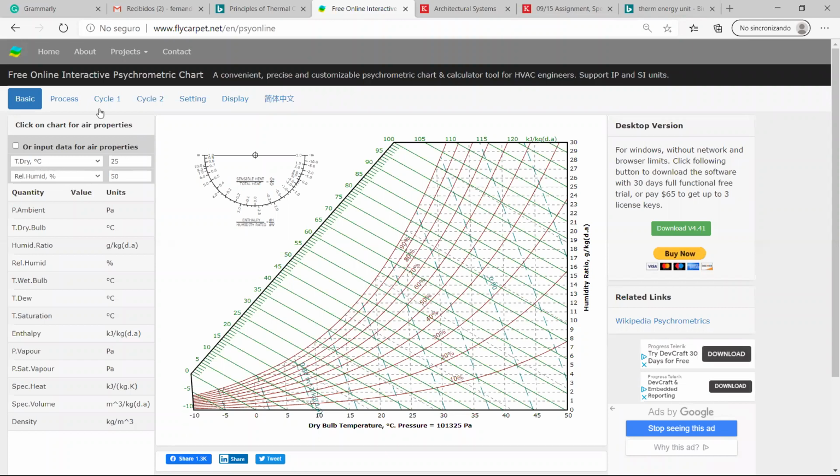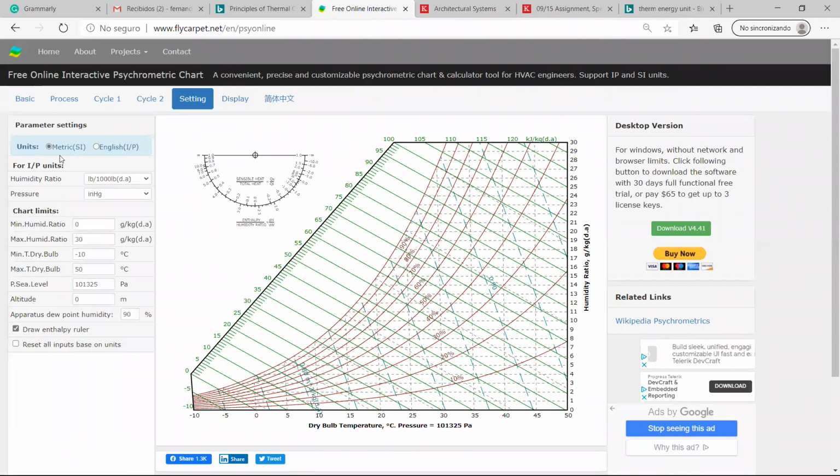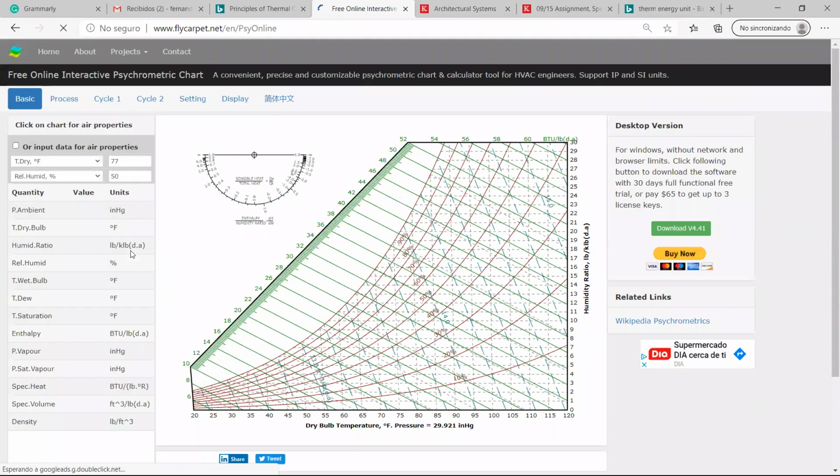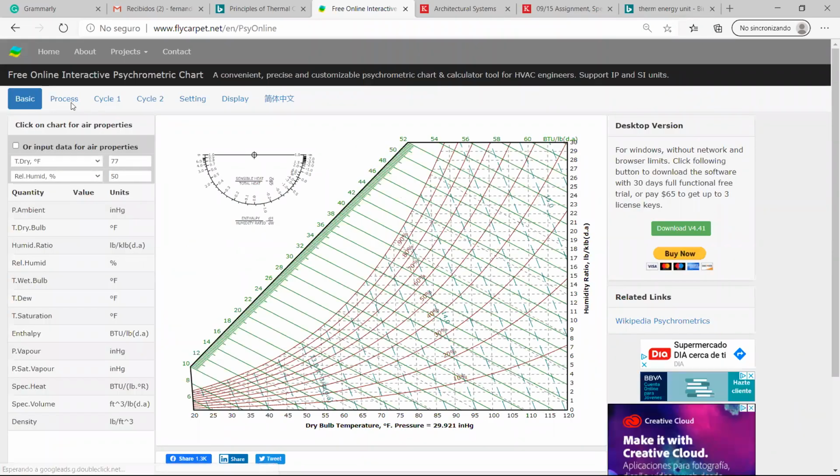Okay, so first we have to go to settings, English units, reset all inputs, submit. And now here we have to click input data for air properties, and we have to calculate the enthalpies indoors and outdoors. So the indoor conditions are 72 and relative humidity 50.